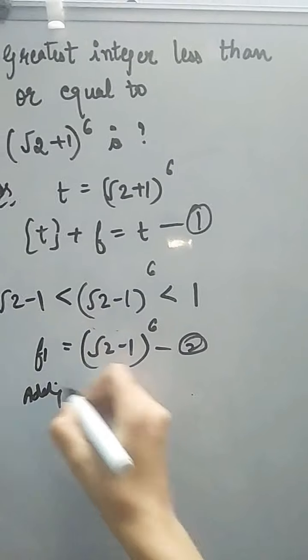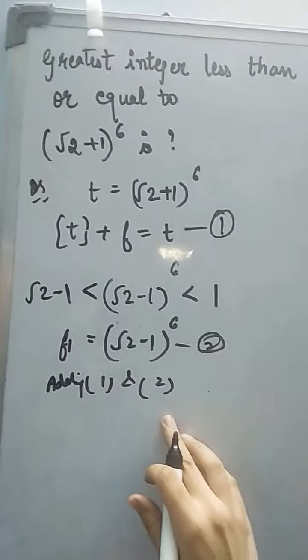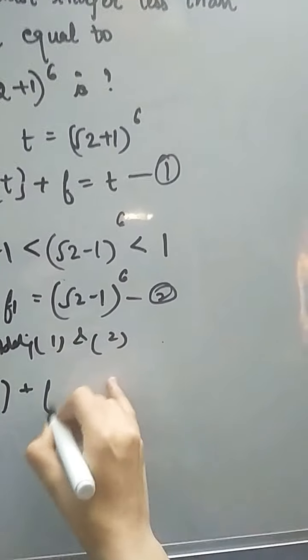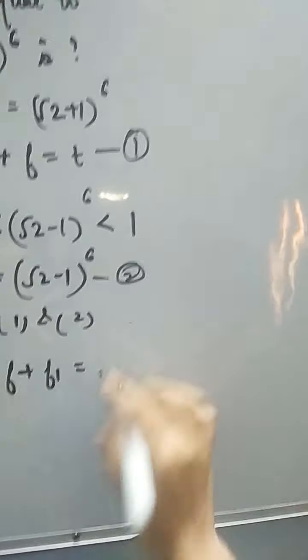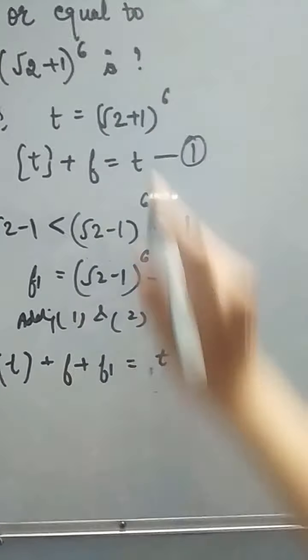So adding 1 and 2, we will get t plus f1 is equal to [t] plus f plus f1. So we know what t is, t is nothing but this.